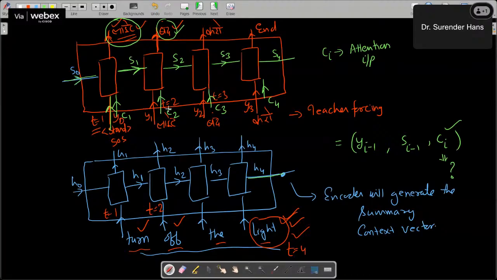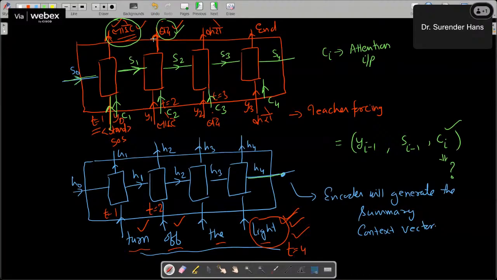So one point is clear: Ci should be a vector, not a scalar, because you are picking up the hidden state of the encoder. It may depend on one vector H, or on two vectors, the function of H1 and H2. Ci may be the function of H1, H2, H3, or of H1, H2, H4.